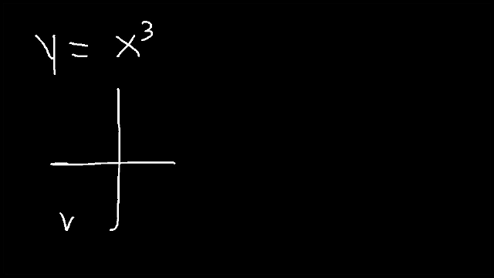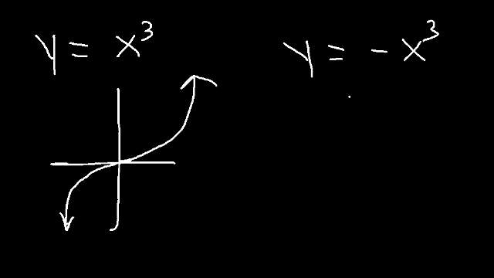Now some other functions that you need to know is y is equal to positive x cubed. This is a cubic function, and this function is always increasing, except at 0. So for this function, there is no absolute minimum value or absolute maximum value. And the same is true for negative x cubed.